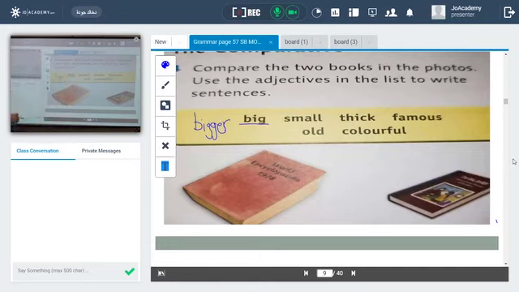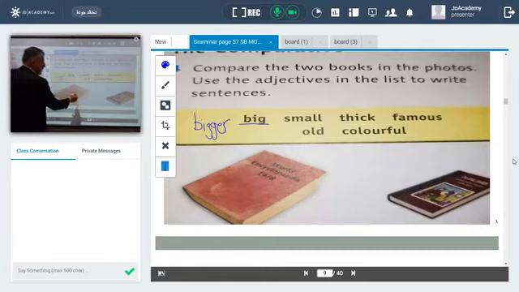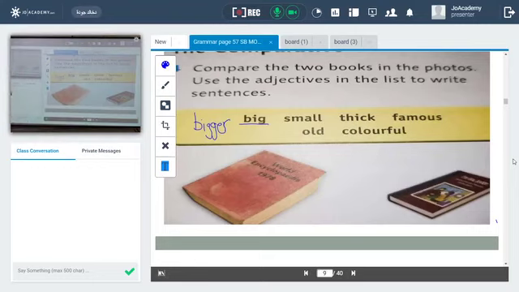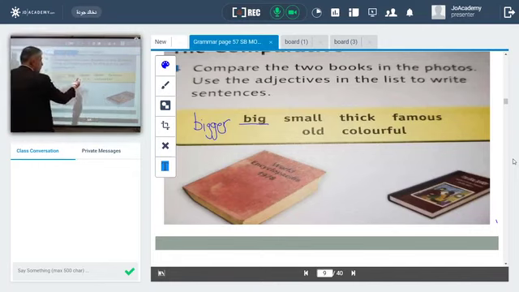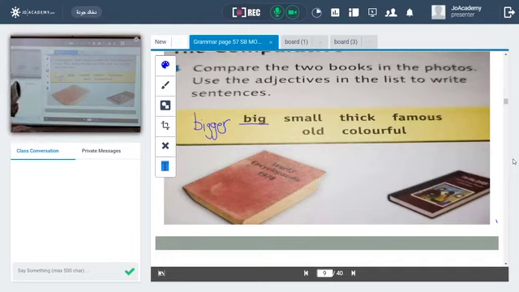Bigger. So the encyclopedia is bigger than the story. It's bigger than. So if I want to write the same sentence, I say the story is smaller than the encyclopedia. The story is smaller than the encyclopedia.